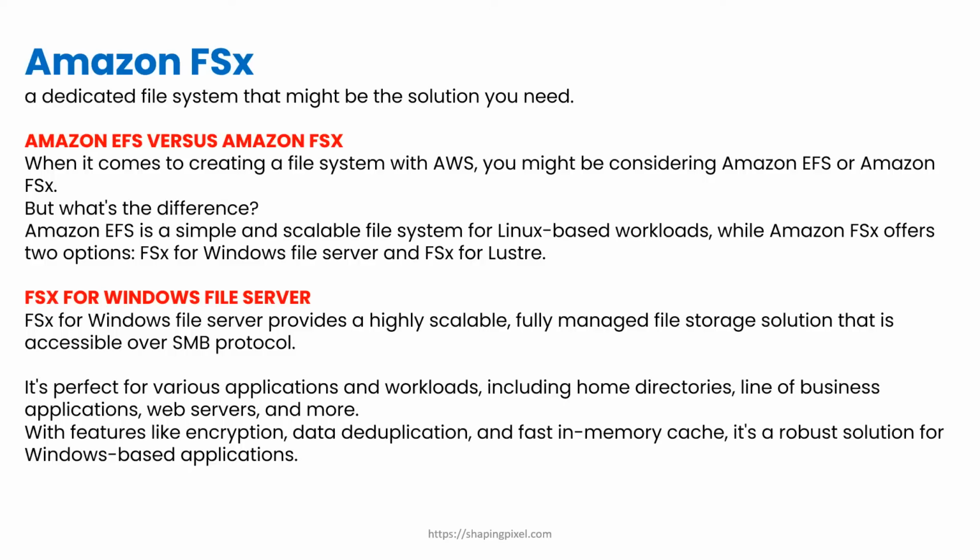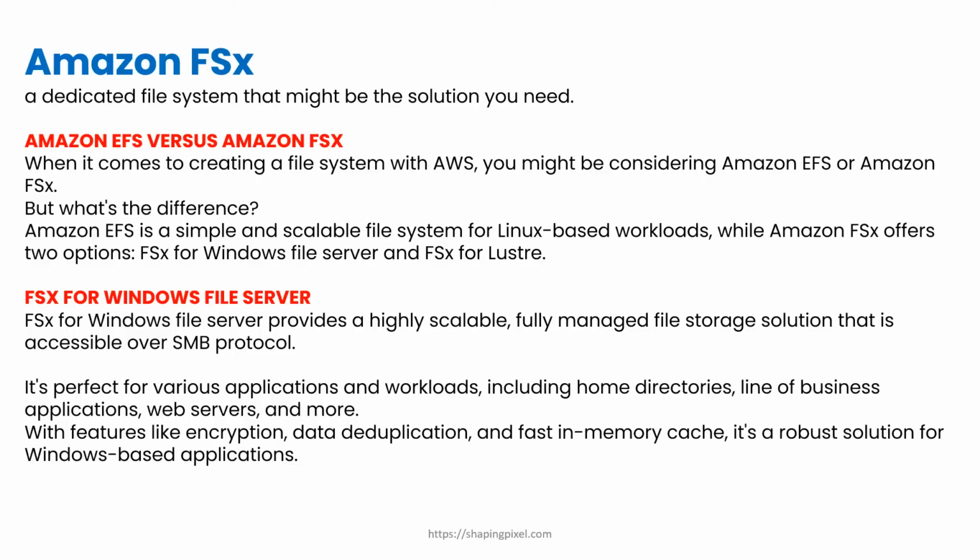So let's dive into Amazon FSx, a dedicated file system that might be the solution you need. When it comes to creating a file system with AWS, you might be considering Amazon EFS or Amazon FSx. But what's the difference? Amazon EFS is a simple and scalable file system for Linux-based workloads, while Amazon FSx offers two options, FSx for Windows File Server and FSx for Lustre.